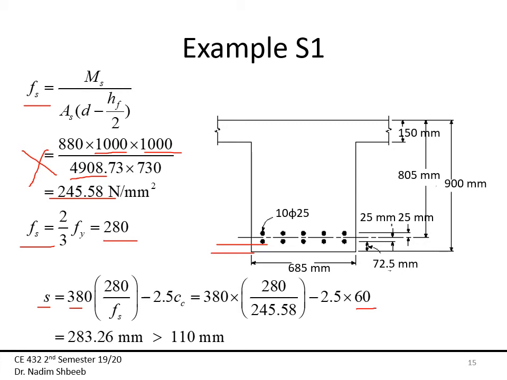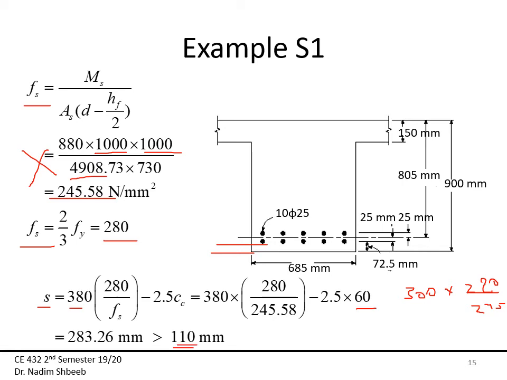Now you should do that on your own. You should also compare this to 300 times 280 divided by 245, and this value is lesser than that value, which makes it my controlling. I mean, if you only take 2/3, then obviously this is the lesser value. So s is 283.26.